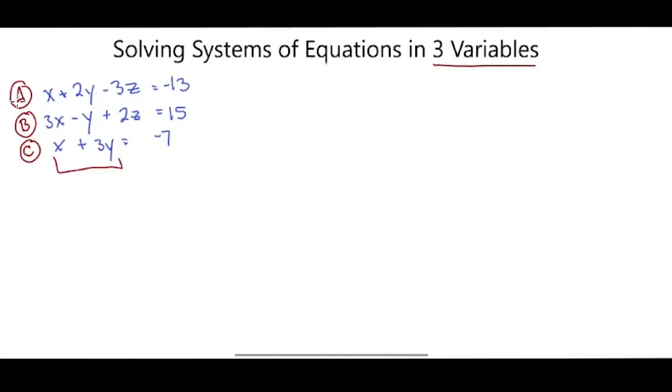In this case, the variable z is missing. And then you're going to want to cancel the z in the other 2 equations. So what that does essentially is it makes C also equation D. So C is equation D.